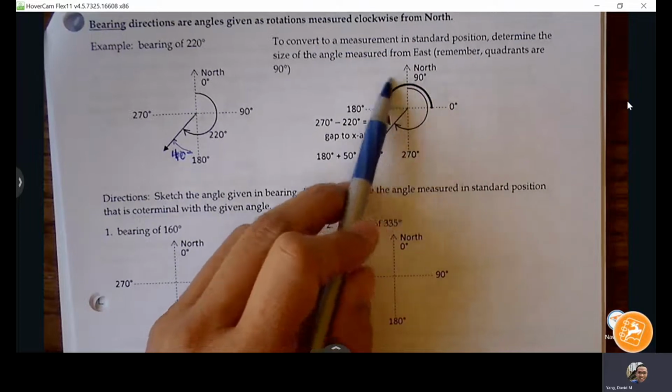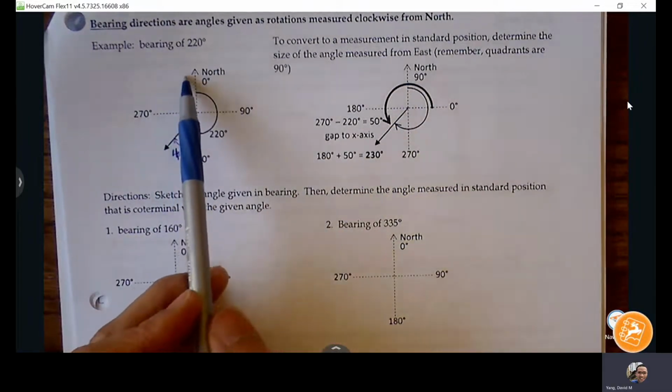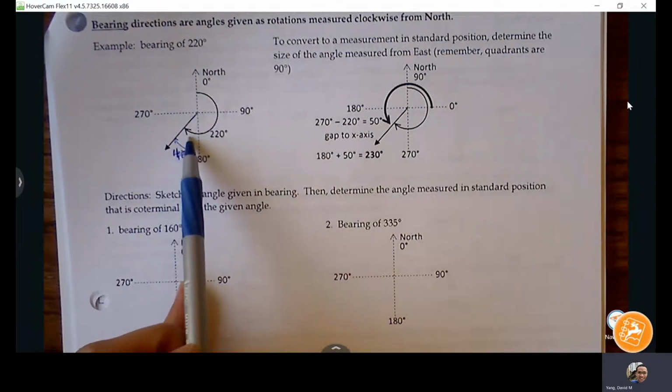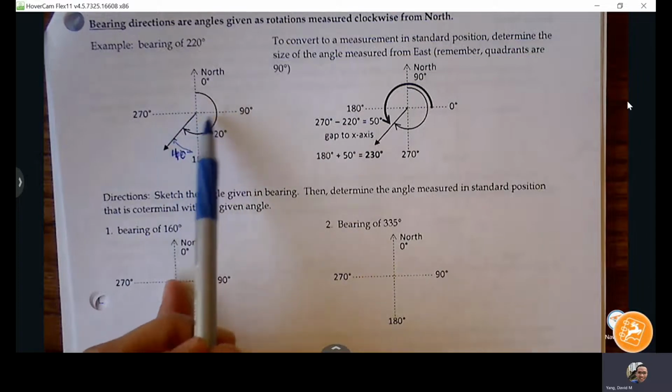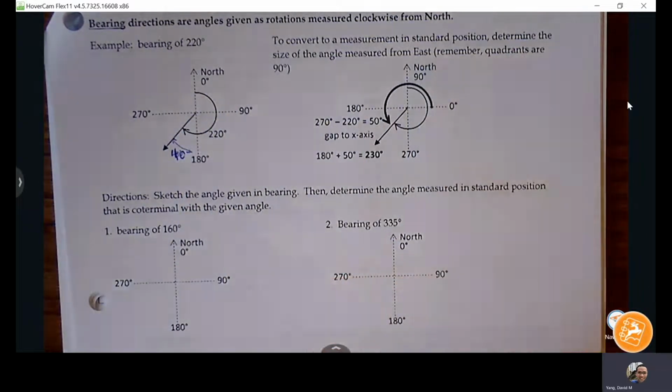Okay, or we can measure from this. Either way, we just have to keep track of the fact that we're measuring it from this north degree, but then we have to account for the fact that we're trying to convert it back to be in terms of standard position.